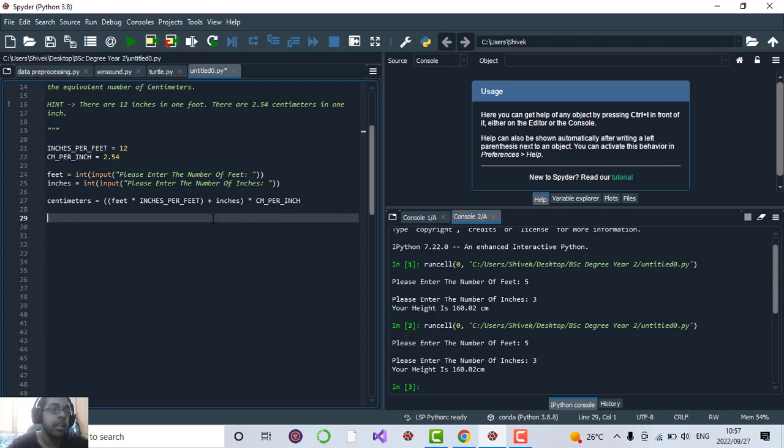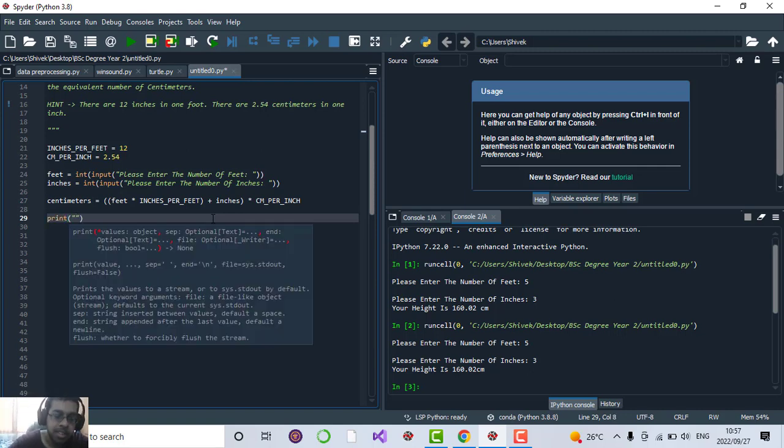Excellent, guys. For the last part of the program, we need to print an output message to the user to make them aware that their height in centimeters is X amount. We'll do a simple case of string formatting for this, as we've been doing for quite a few videos. Quite a few exercises gave us experience with formatting our output according to a number of decimal places.